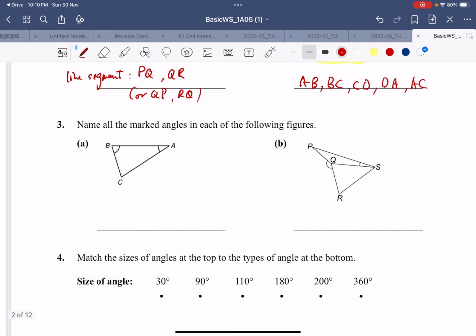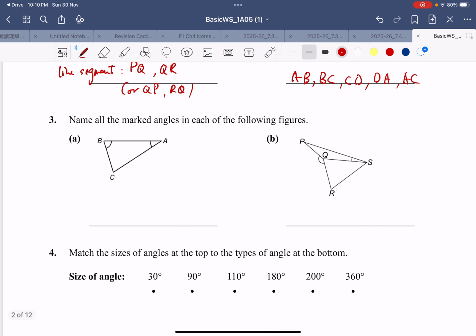Mark all the angles. Of course, you can have angle BAC first for this, and angle CAB for this, and angle CBA.